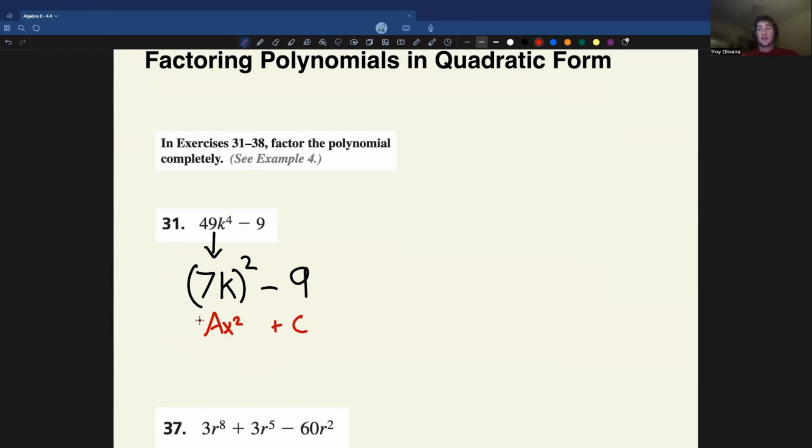And so by doing that, I've turned it into a quadratic, and I can solve this as if it was an a squared minus b squared problem. Okay, and that would give us a plus b times a minus b. And so therefore we have 7k plus, and then 9 is 3 squared, so plus 3, 7k minus 3.